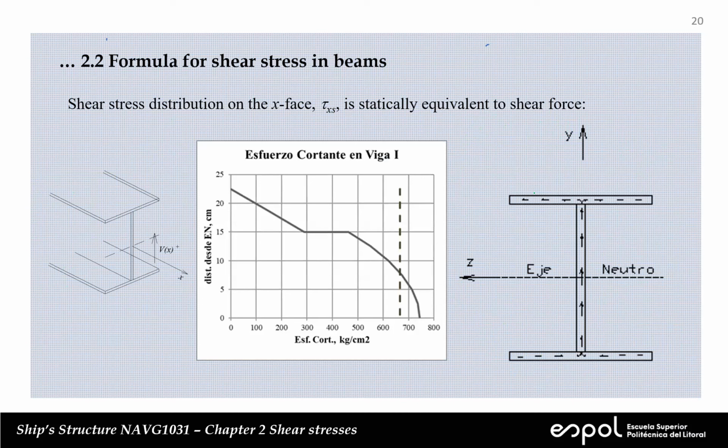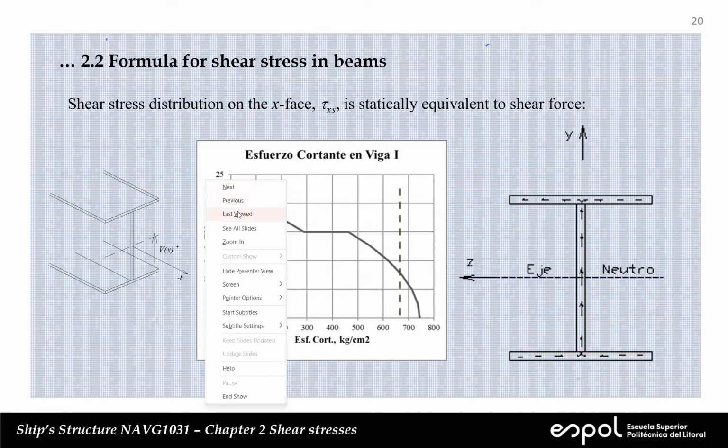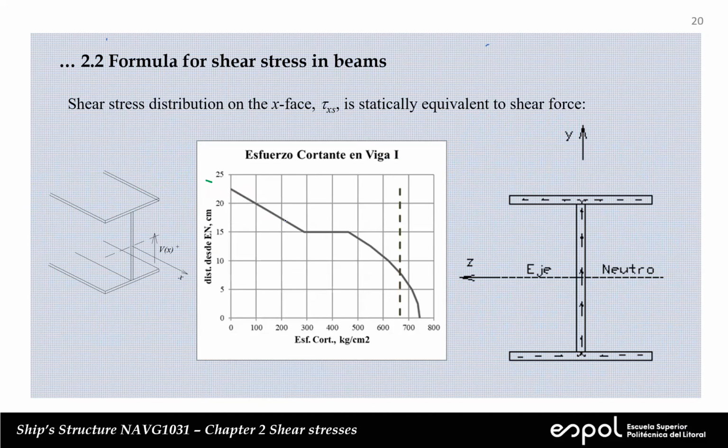This is the summary of all this information that we have obtained. On the left-hand side, we have the section, it's an I section. This is typical of this part of the material. This part here is the distribution of stress on the flange.